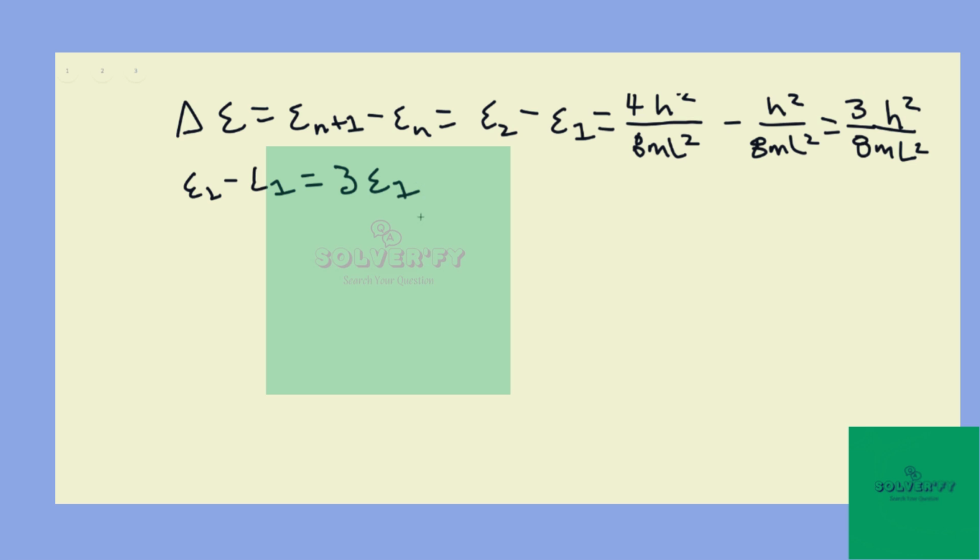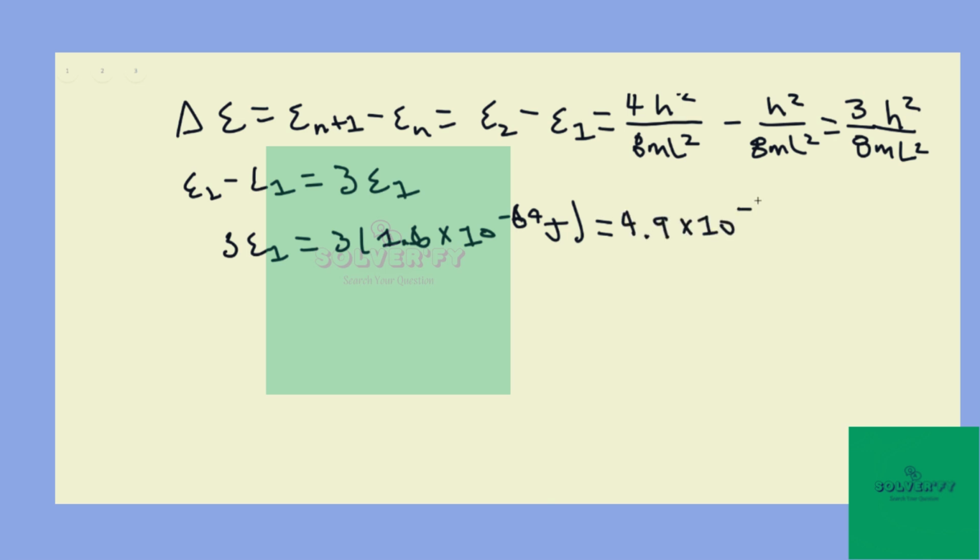So this number is going to be equal to 3 times 1.6 times 10 to the minus 67 joules, which is equal to 4.9 times 10 to the minus 67 joules.